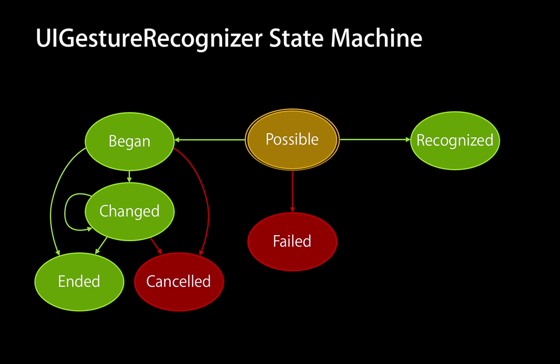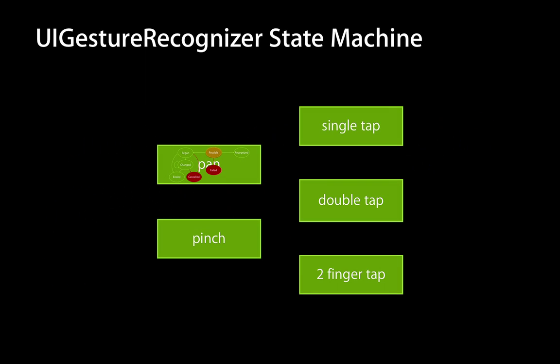But the really great thing about this state machine, and the part that makes it so much better than what we were talking about before, is that this state machine represents one of those gestures. So that's the state machine, for example, for pan. And you can think of that and build that gesture completely independently of all the others. Each of those other gestures that we're trying to recognize has its own version of that state machine that's independent from each other one.